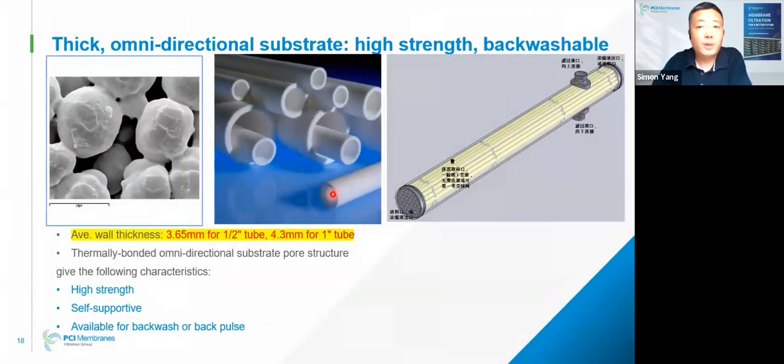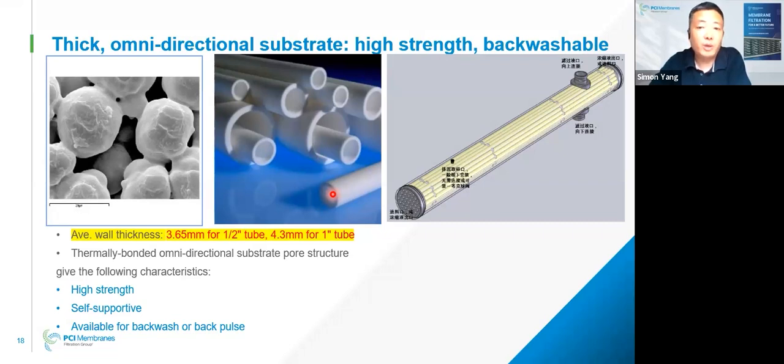Another feature about TMF is a substrate tube with a thick wall and omnidirectional pores in the cross section of the tube. This gives characteristics like high strength, self-supportive, and available for backwash or backpass. Allowing backwash is very important when handling very high TSS inorganic industrial wastewater.